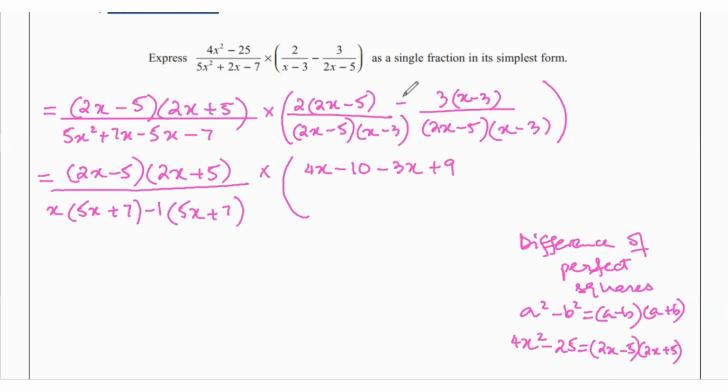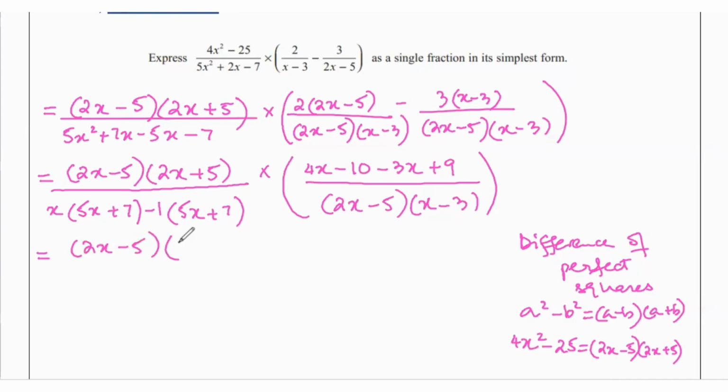Remember, the negative sign gets distributed with x and negative 3. So it's negative 3 times x and negative 3 times negative 3. And 2x minus 5 times x minus 3 comes as it is as a single denominator. So now 2x minus 5 times 2x plus 5 over 5x plus 7 is common between x and negative 1.